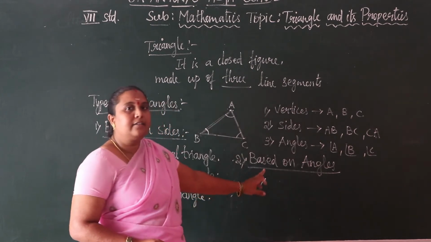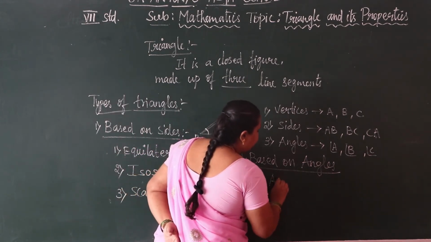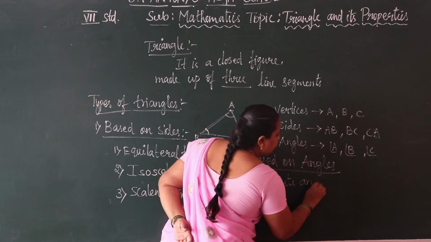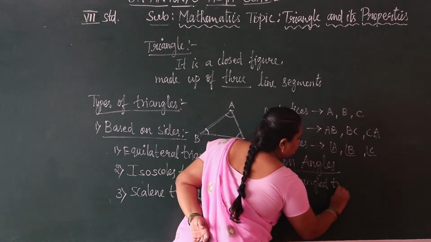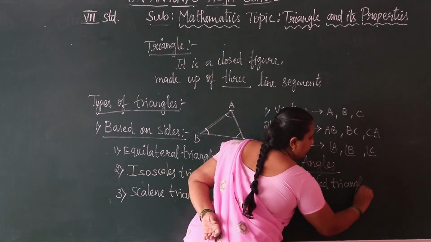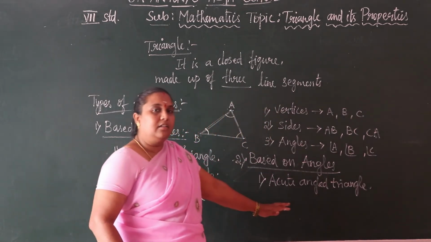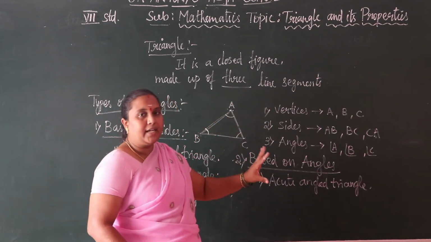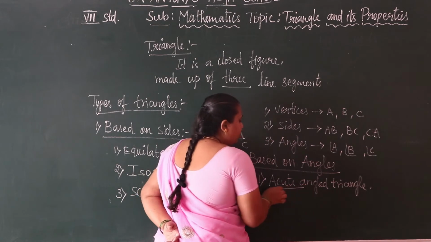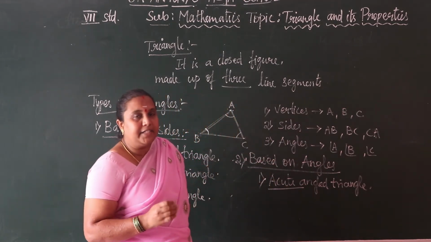Acute angle triangle. So what is meant by acute angle? Acute means it is less than 90 degree.